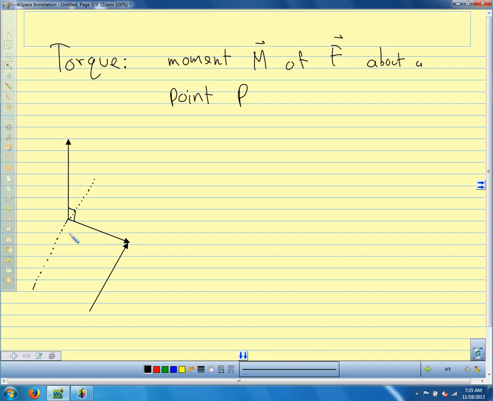So this is point P, this is point Q, this is our force F, and this is our torque.